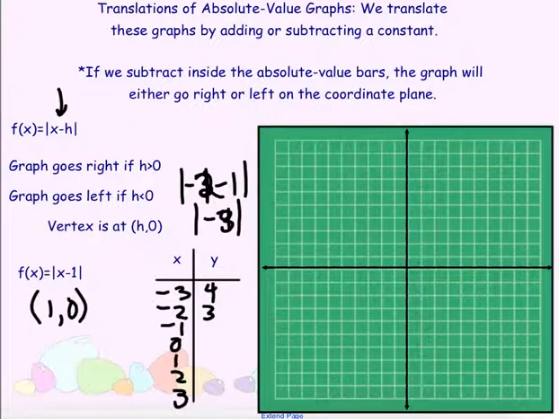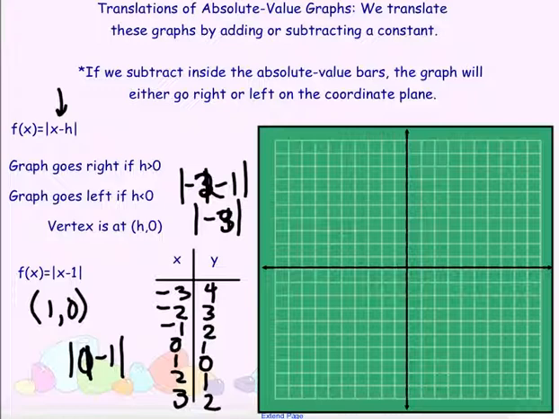Absolute value of -1 minus 1 is -2, so we get 2. If I have the absolute value of 0 minus 1, I get -1, the absolute value of -1, which is 1. If I have 1 minus 1 inside there, I will end up with the absolute value of 0, which is 0. 2 minus 1, we get 1, and 3, we get 2.